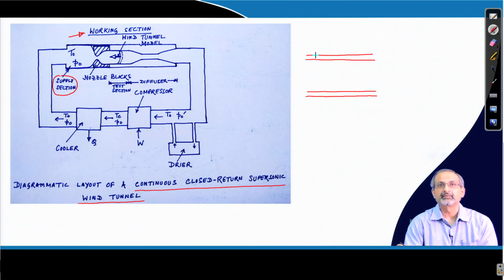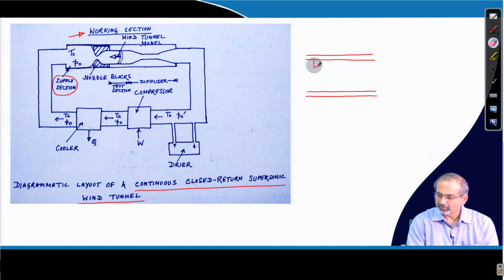So, you have thick metal walls, and inside them you often fit liners, which provide you the advantage of achieving the contouring that you need for your nozzles.